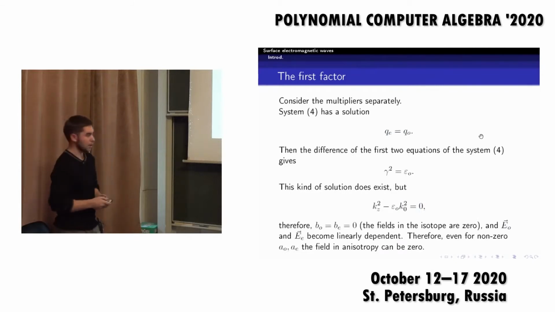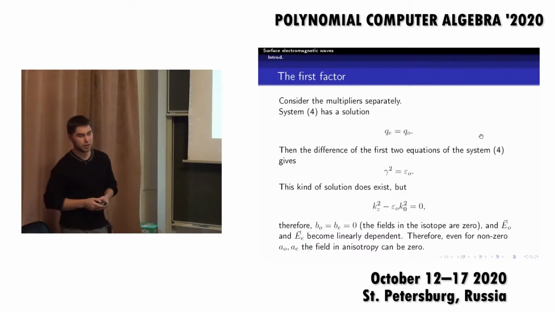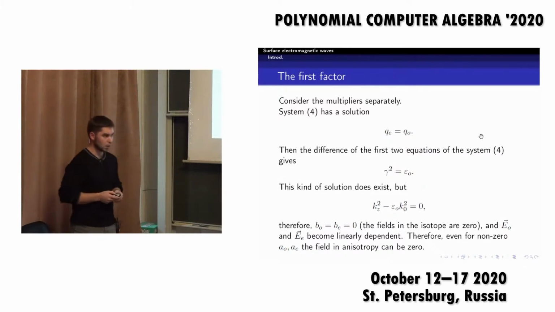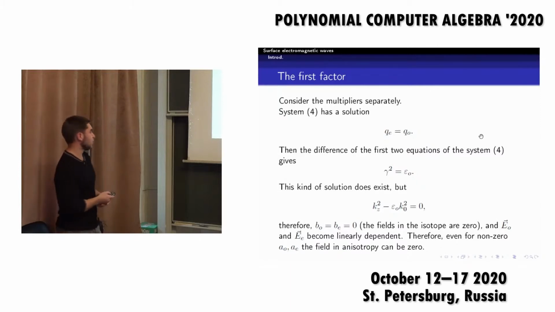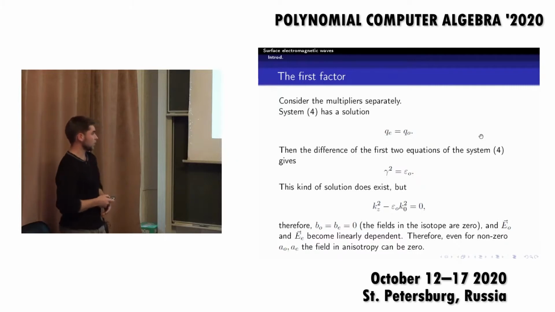We get three multipliers. The first factor is not interesting for us, because it gives just trivial solutions, where we have fields in the isotropic medium.